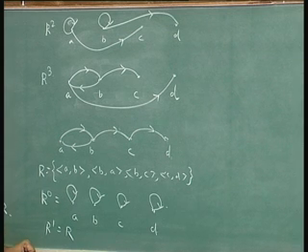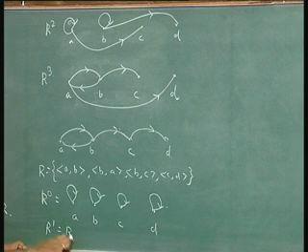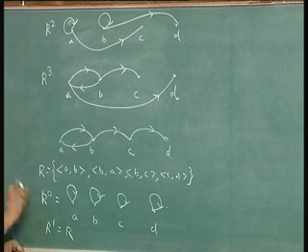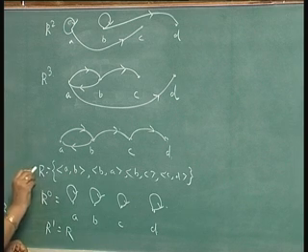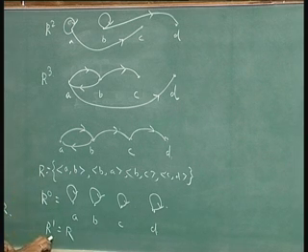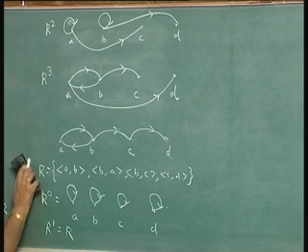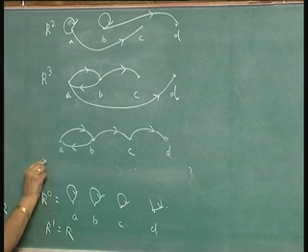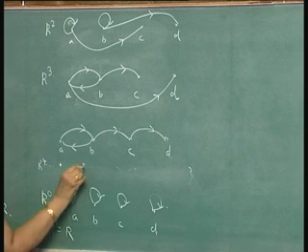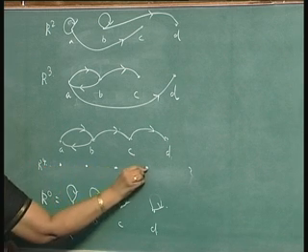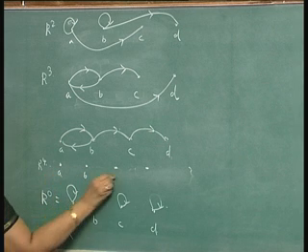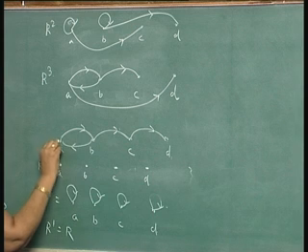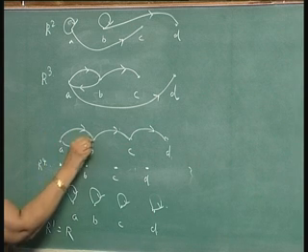Let us see what are the arcs representing R power 4. Any path of length 4 should be replaced by a single arc here. 1, 2, 3, 4.